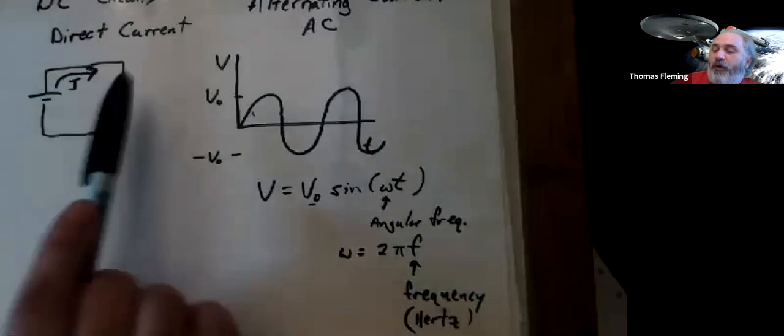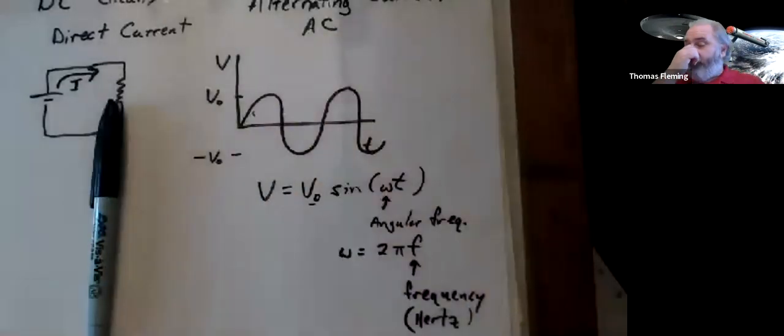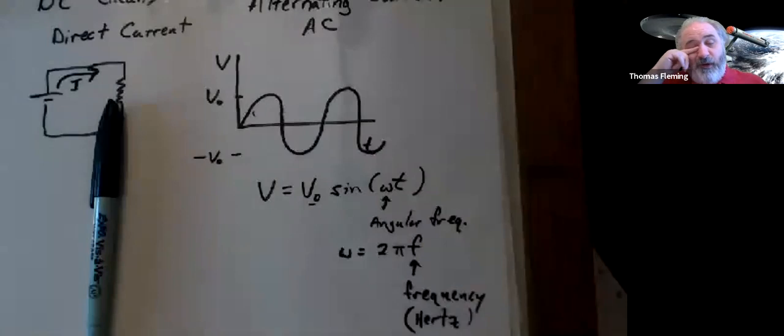Now, things that run on DC power tend to be things that run on batteries. Batteries are DC, but most of your wall sockets are AC. And in fact, many of your devices will be designed to run on DC, but get powered by AC. Case in point, I've got my Surface right now that I'm doing this video on.